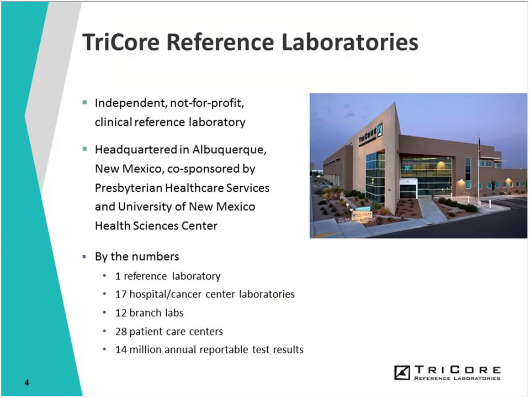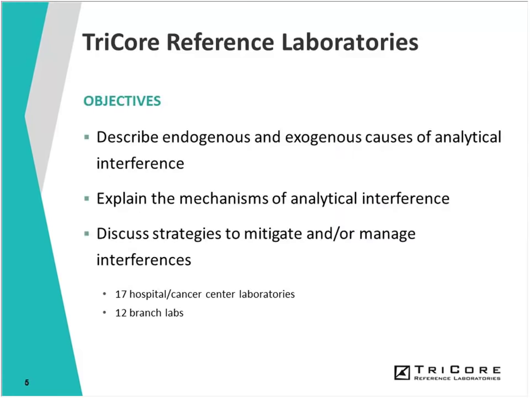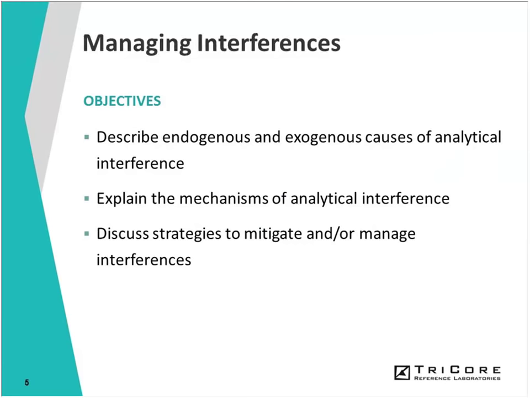The hub is the reference lab located here in Albuquerque, and the spokes are the 17 hospital labs, 12 branch labs, and 28 patient care centers that provide lab tests appropriate for their populations, but they send all the remaining work here to the reference lab. As a system, we perform more than 14 million tests annually, so we see our fair share of sample interference issues. And here are my objectives for today's webinar.